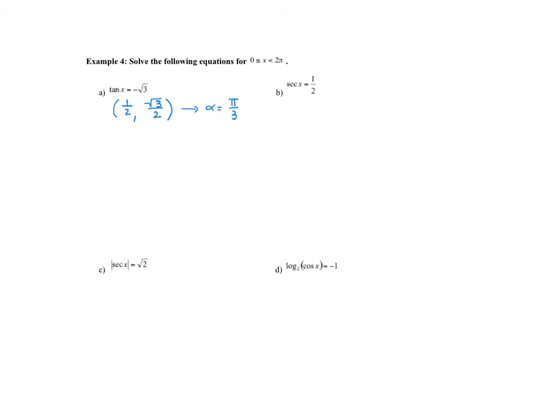I know the tangent is negative in the second quadrant and the fourth quadrant. So with an alpha of pi over 3 in the second quadrant, x will be 2 pi over 3. And in the fourth quadrant, x will be 5 pi over 3.